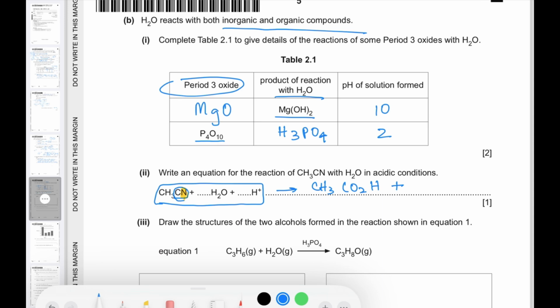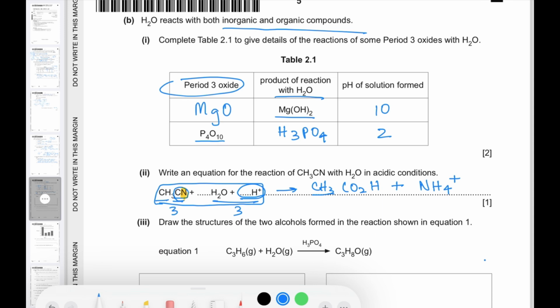However, as you can see, this reaction takes place under acidic conditions. That means there's an excess of protons in the solution, and ammonia, being a basic compound, will accept that proton to become ammonium ion. Now let's see if we have the elements balanced on both sides of the equation. Okay, so we've got 2 carbon atoms, and how many hydrogens do we have? 3 and 3, 6, right?